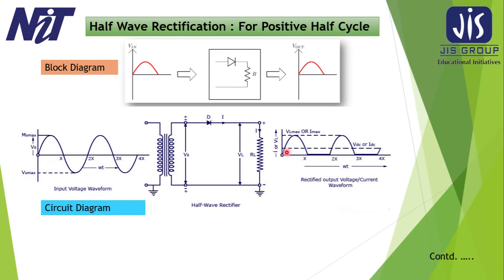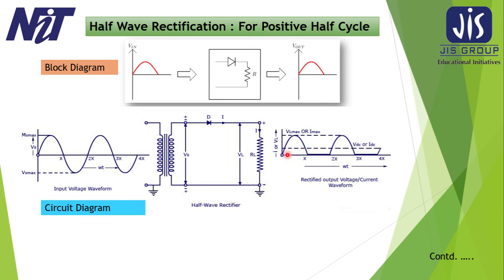After the rectification, this signal will be available across this load. Before the transformer this is your Vmax, and after the transformer this is your Vmax, which will be available across the VL. Or you can say Imax, because V and I are both measured across this resistance, so we can assume both as the same.